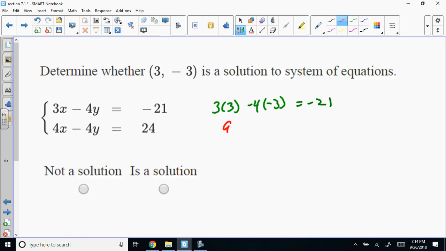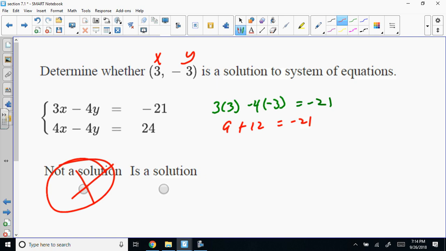Well, that's 9 plus 12. Does it equal -21, guys? Nah. Did I do my math right? There's my x, there's my y. So is this a solution? Nah. That's the answer right there. Correct?